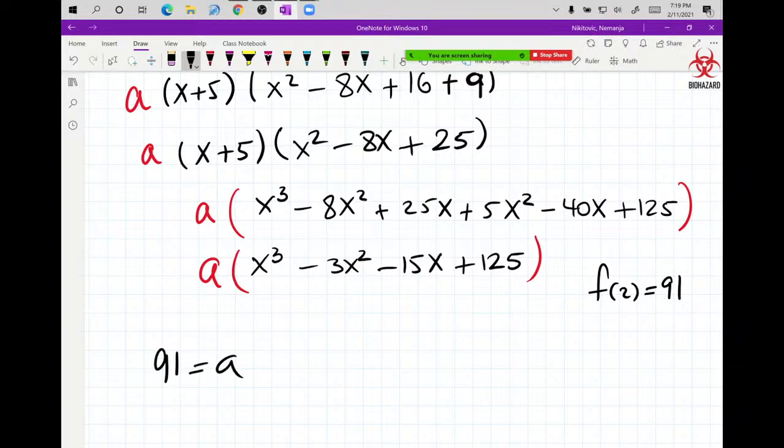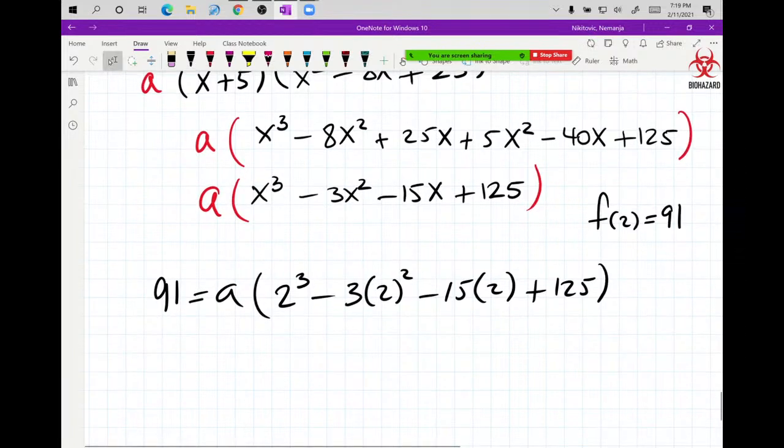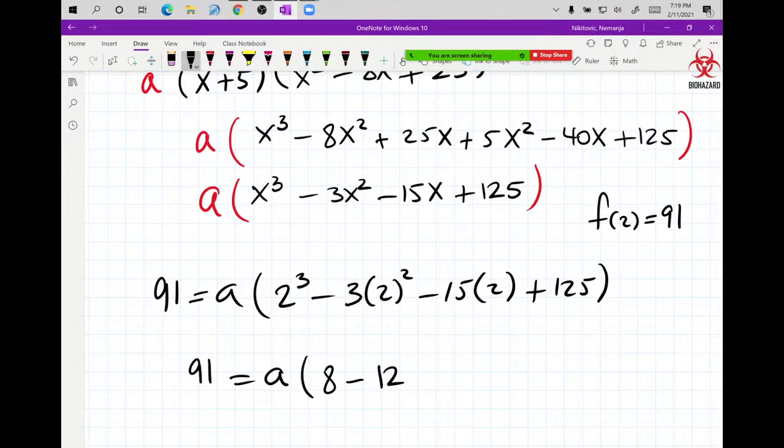91 is equal to A times 2 cubed, minus 3 times 2 squared, minus 15 times 2, plus 125. And I can compute this A. Let me just go through this calculation and you will see where this A comes in from the previous problems that we did. So this is 91 equals A times 8 minus 12 minus 30 plus 125.